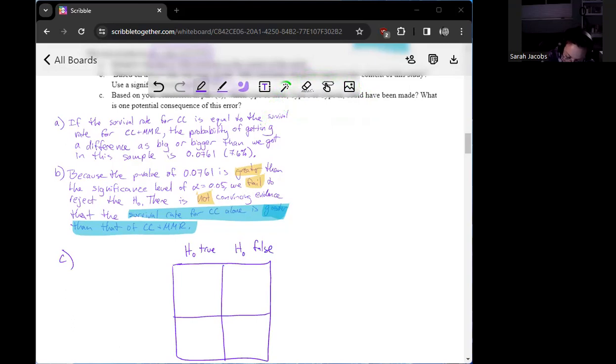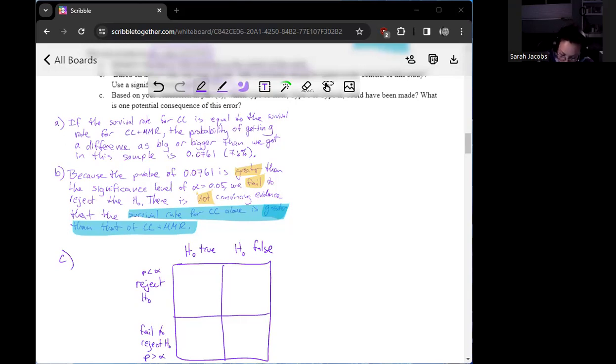Here we have reject the null because p is less than alpha. And here we'd have fail to reject the null because p is greater than alpha. Notice, we accept nothing.